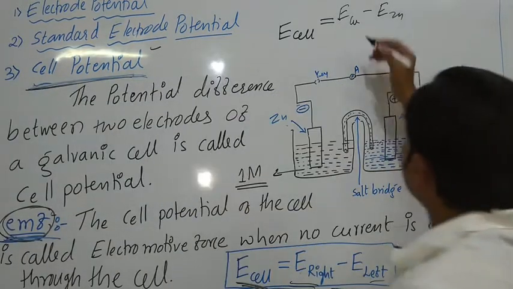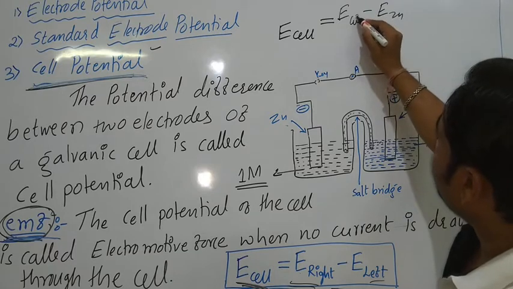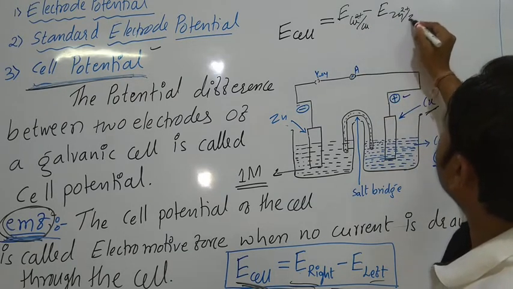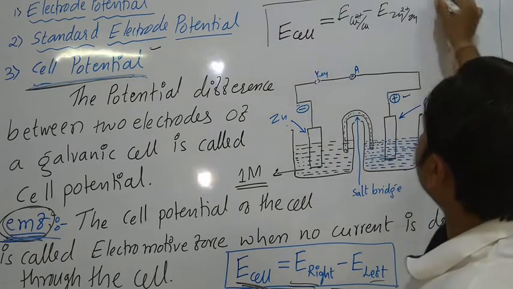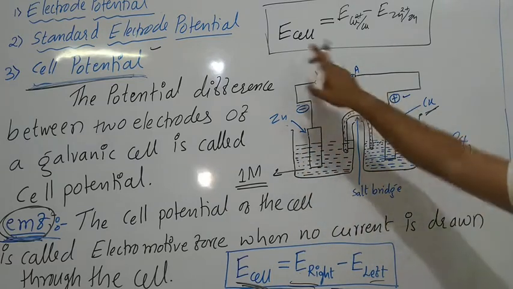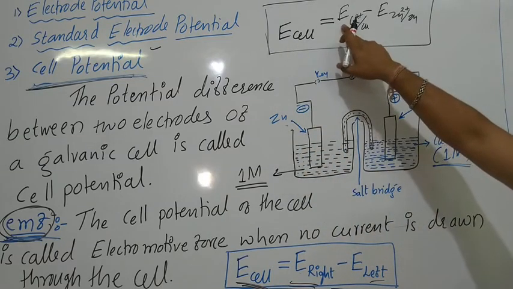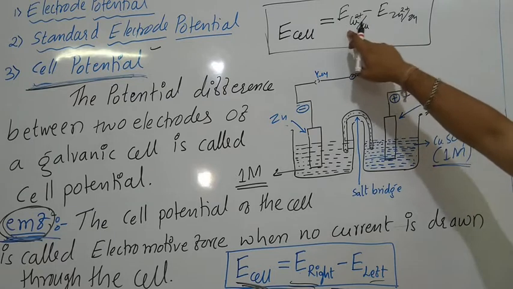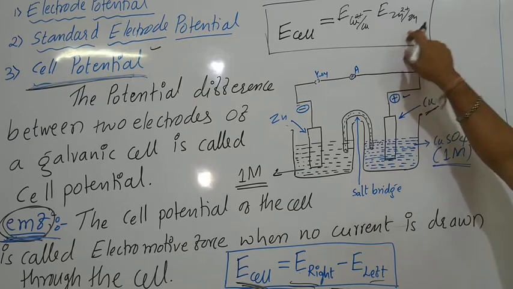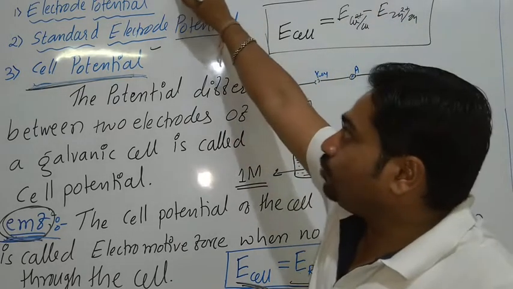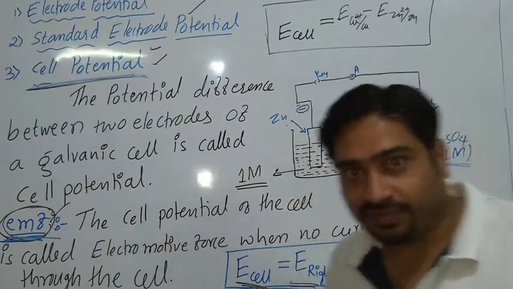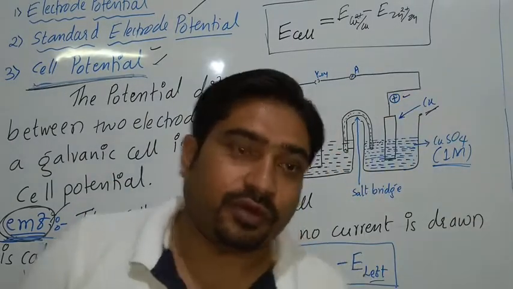So I will take the reduction potentials Cu2+ | Cu and Zn2+ | Zn. This is the formula to calculate E cell of this Daniell cell: E cell is equal to the electrode potential of the right electrode minus the electrode potential of the left electrode. So this is about electrode potential, standard electrode potential, cell potential and EMF. I hope all of you understood. Thank you.